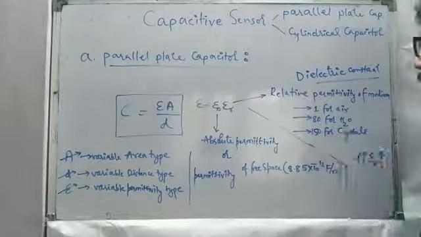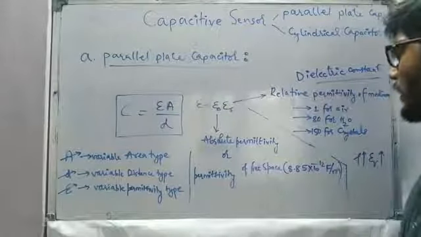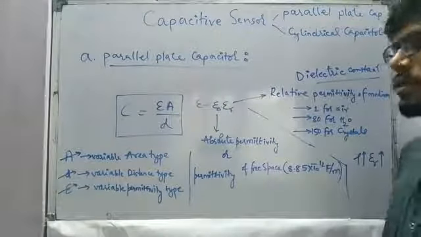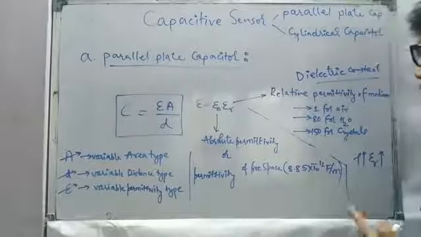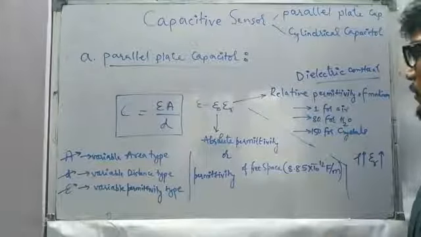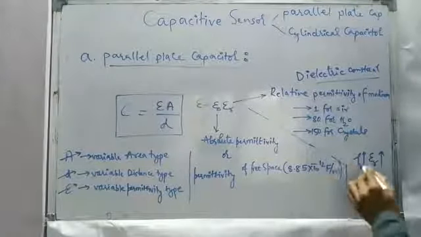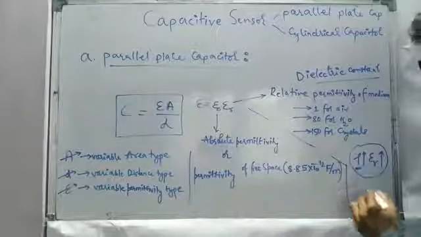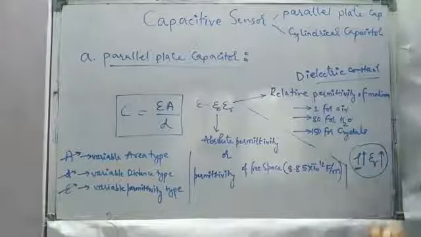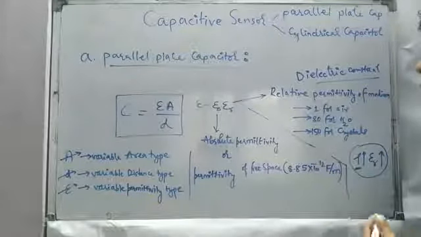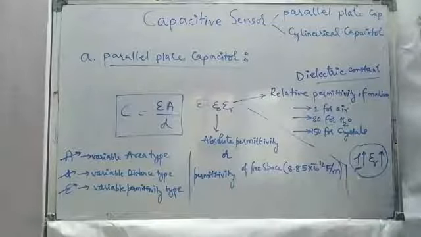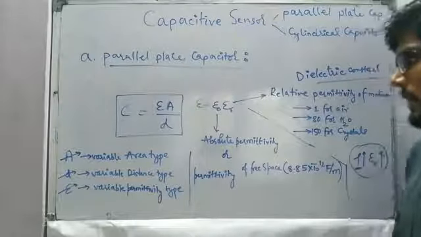The value of dielectric constant is 1 in the case of air, 80 in the case of water and 150 in the case of crystals. So the observation is that as the density of the medium increases, the relative permittivity of the medium is also going to increase, and the dielectric constant of the medium is going to increase with the density.